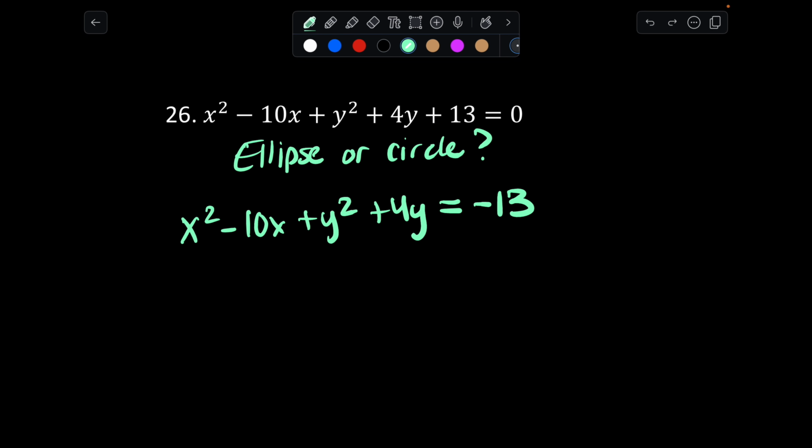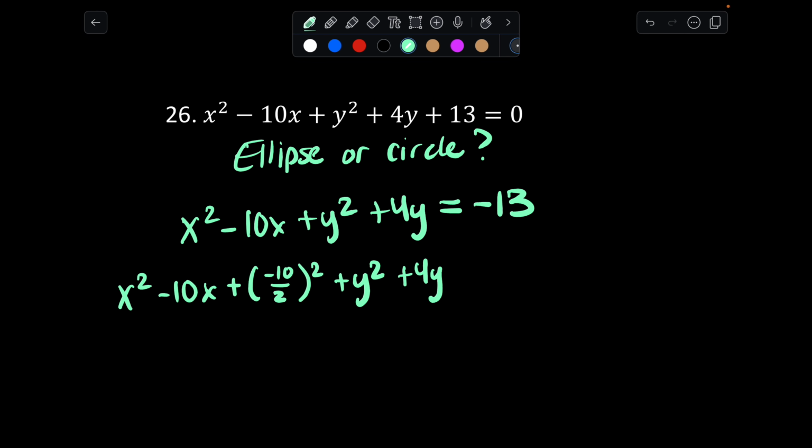So I need these binomials, so I'm going to complete the square twice. All right, so once for x and then once for y. So I have x squared minus 10x. I'm going to do plus, I have negative 10 divided by 2 squared. And since we need this constant for the binomial here, we'll keep it here. And then we'll have plus y squared plus 4y. Completing the square for y, we'll have 4 divided by 2 squared.